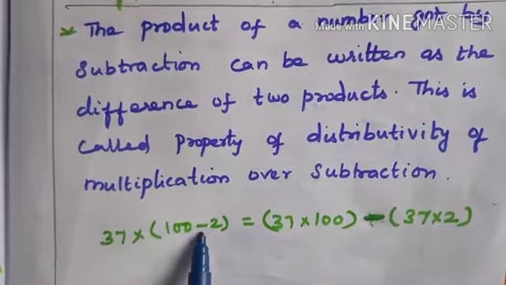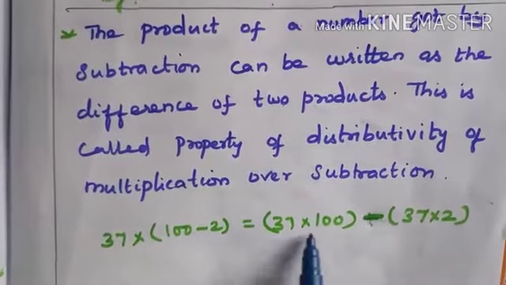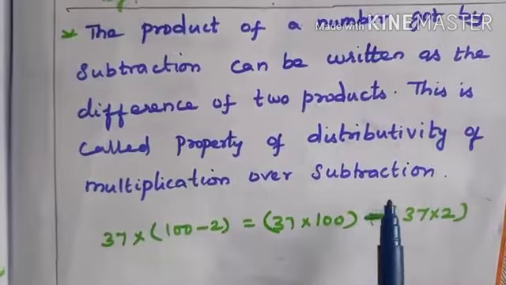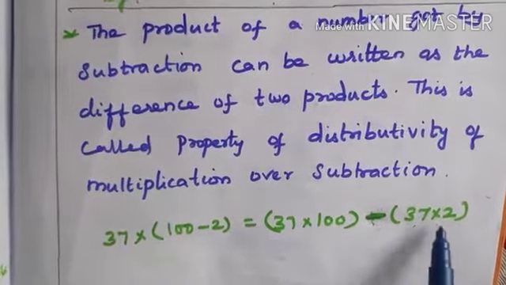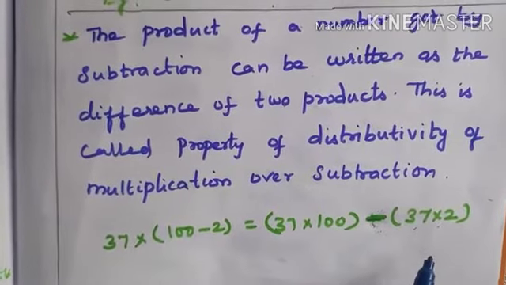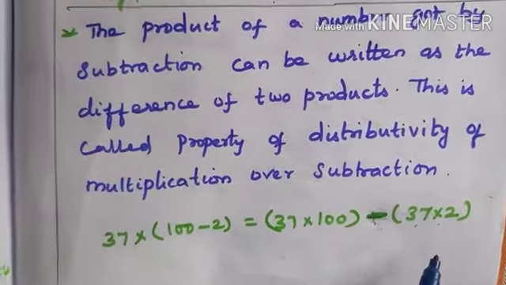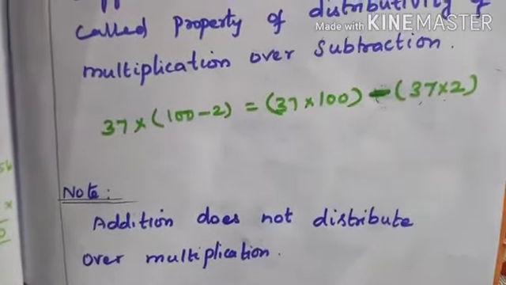For addition we put here plus, isn't it? Here we are putting minus, that's all. 37 into 100, and here for addition we put plus, for subtraction we are putting minus 37 into 2. So when we are subtracting also we will be getting the same answer. That is called the property of distributivity of multiplication over subtraction.